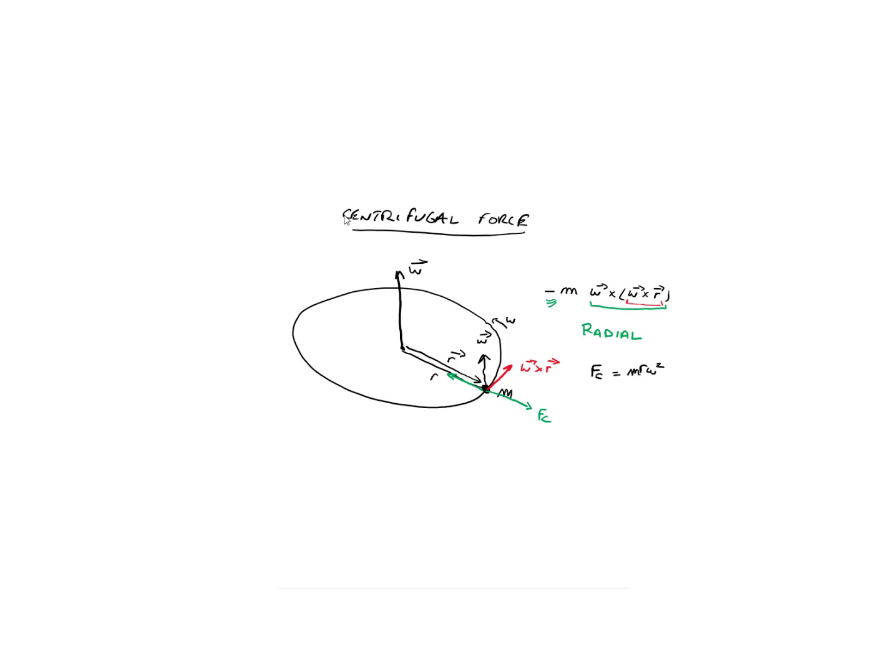So if you now want to use the tangent speed, we'll call it v, you know that v is equal to omega r. So omega is v over r, and you can stick it in the previous formula, and you obtain m v squared over r.